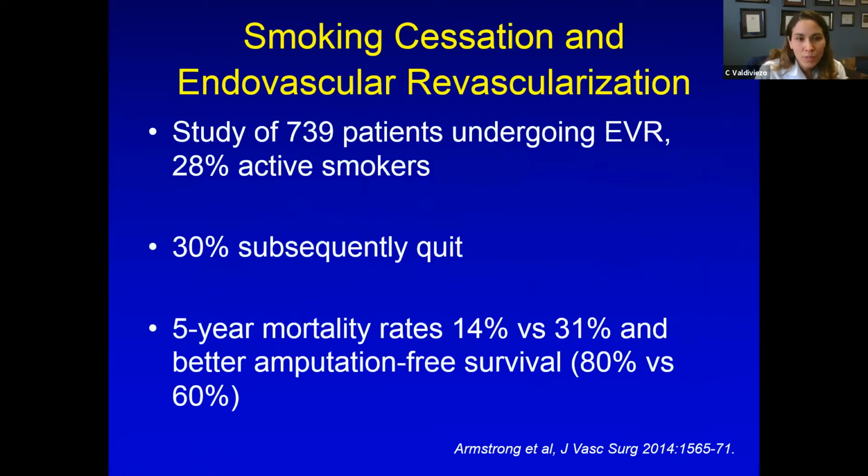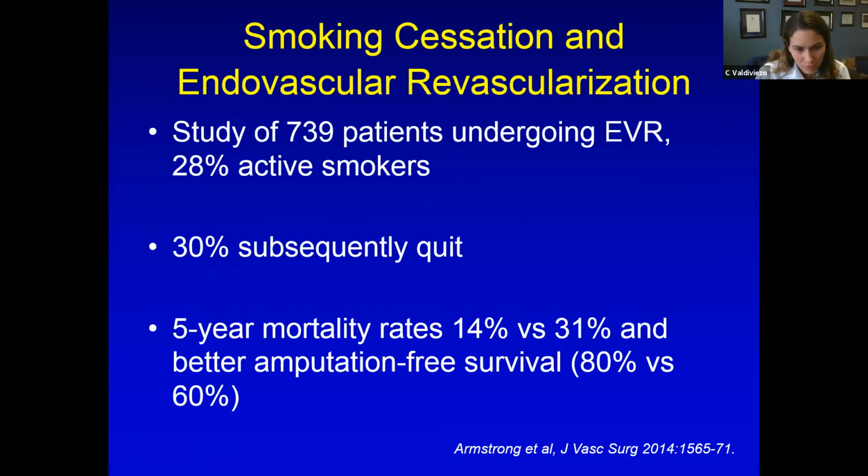In terms of smoking cessation and endovascular revascularization, in a study of 739 patients who underwent endovascular revascularization, 28% were active smokers and 30% subsequently quit. The 5-year mortality rates were 14% versus 31% among those who quit.